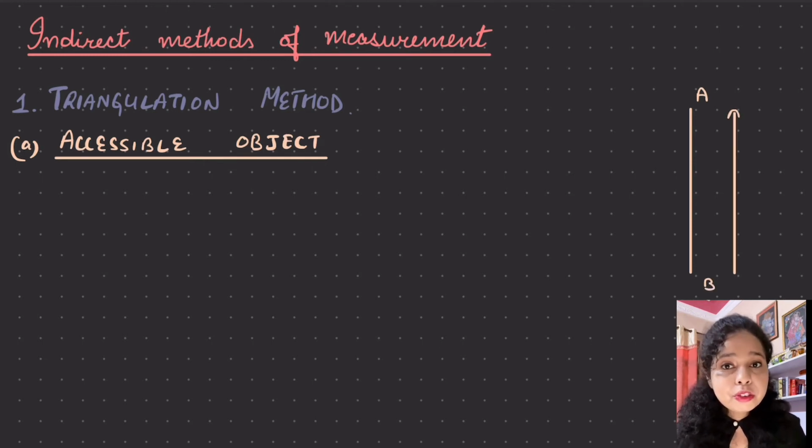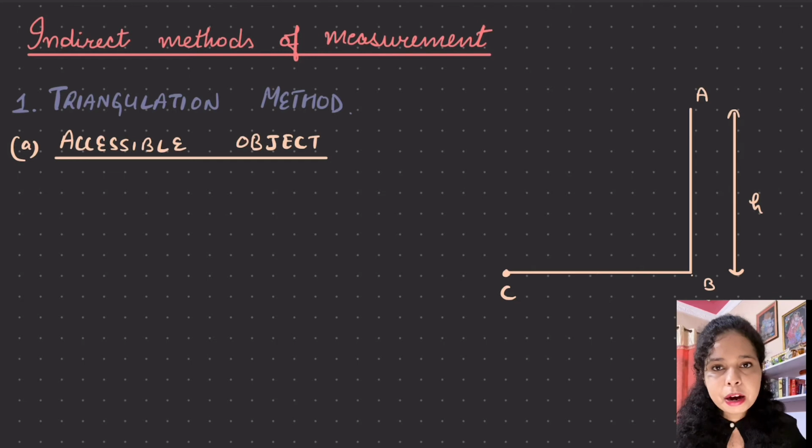So from the base of this building, let us mark some distance with the help of measuring tape. Let us say we have moved d distance, small d distance apart from the foot of the building, such that we have placed our apparatus at point C.